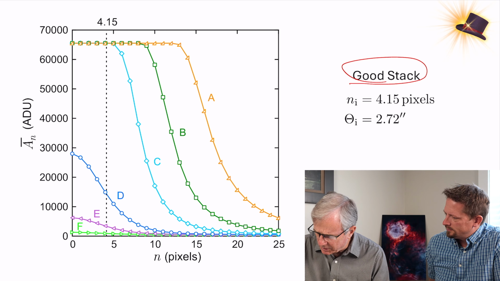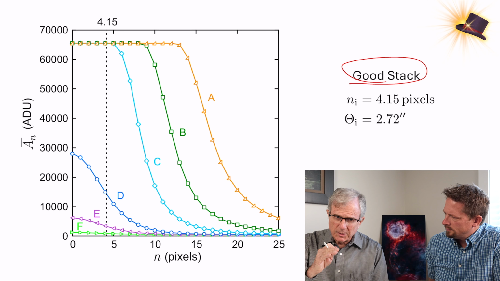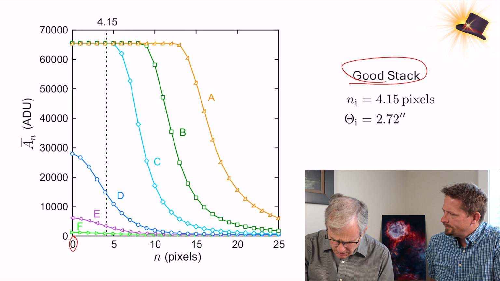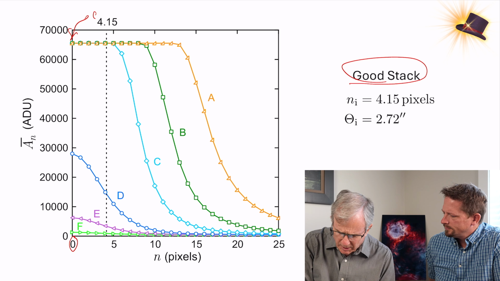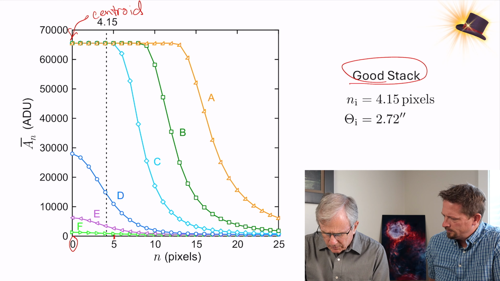And this is what we got for the good stack. The n equals 0, so just like in the previous diagram, we're measuring distances from the centroid out to further and further distances. So n equals 0 corresponds to the centroid, and here n equals 5 corresponds to 5 pixels away from the centroid.